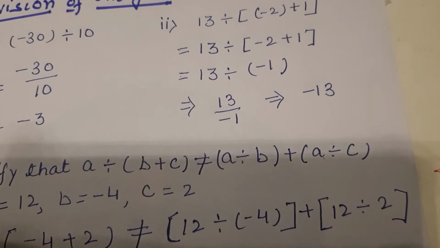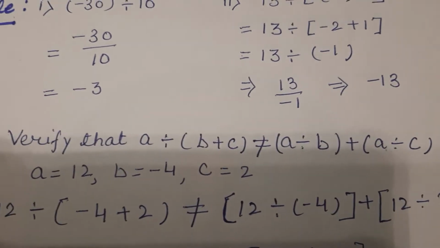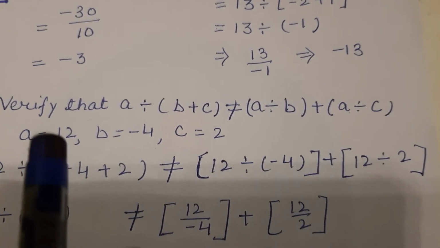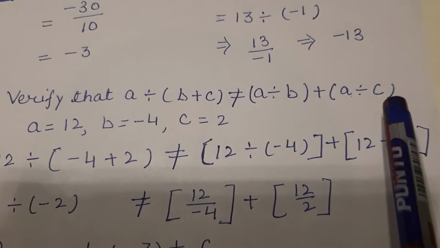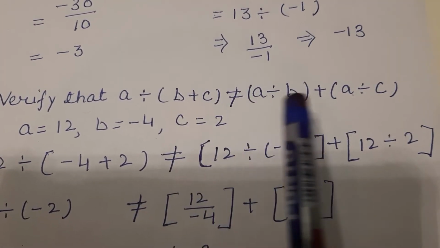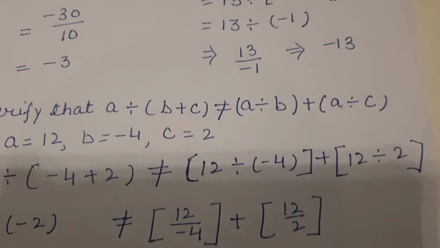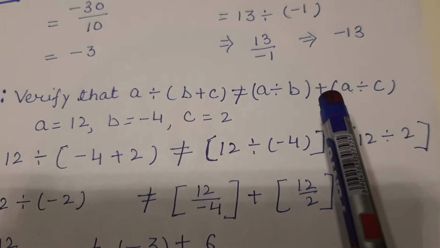You have already done this. This is just repetition. Next example I am taking: verify the distributive property. If you remember, this is the distributive property. In multiplication we have done this, and in multiplication both sides are equal, but it is not valid in division.